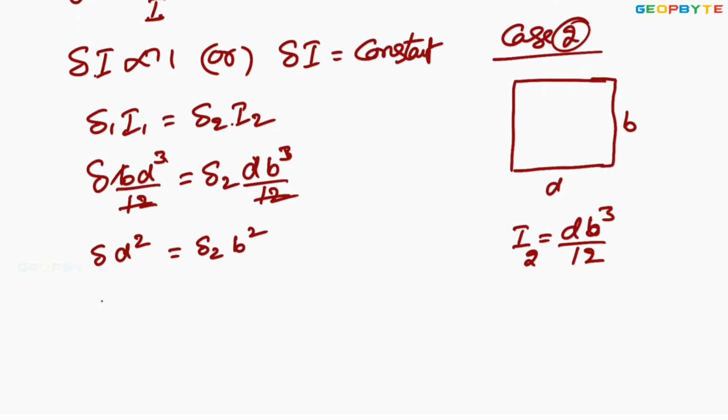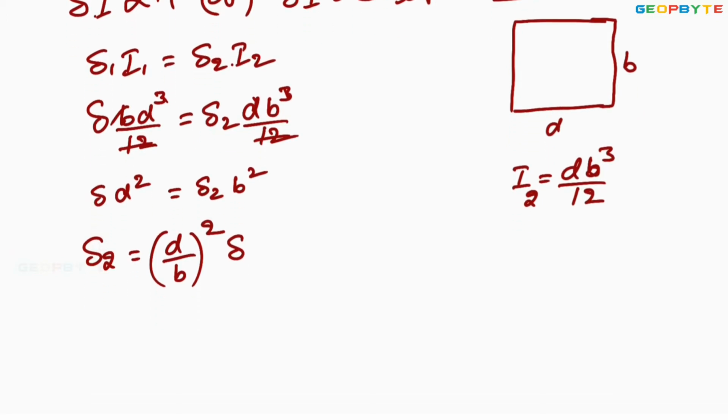Therefore, delta 2 equal to d by b whole square multiplied by delta. Therefore, when the width and depth are replaced, the new deflection delta 2 equals d by b whole square into original deflection.